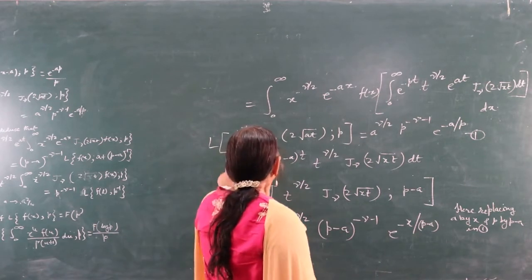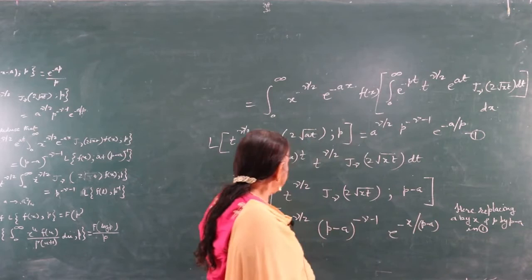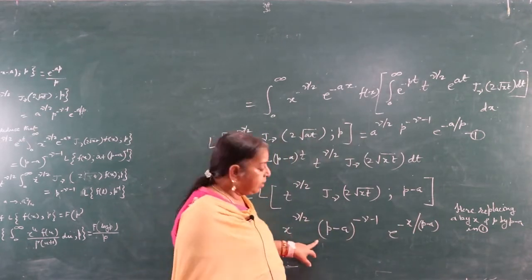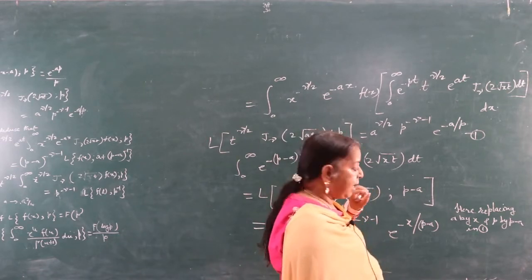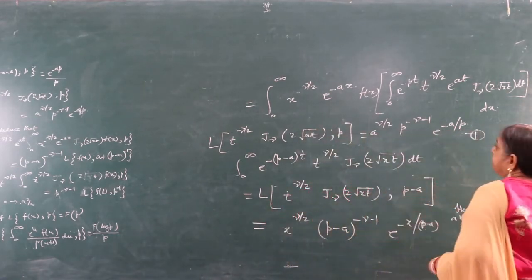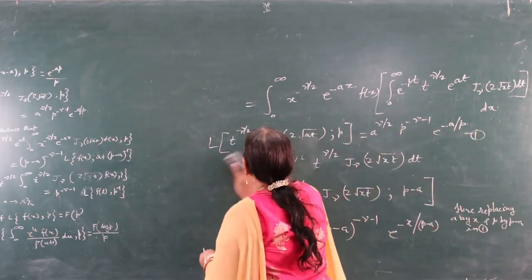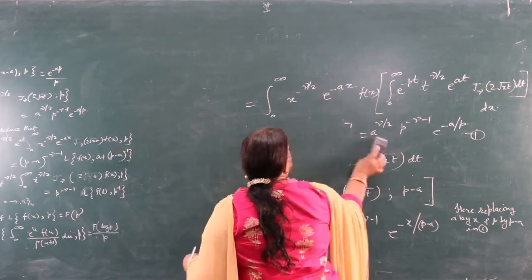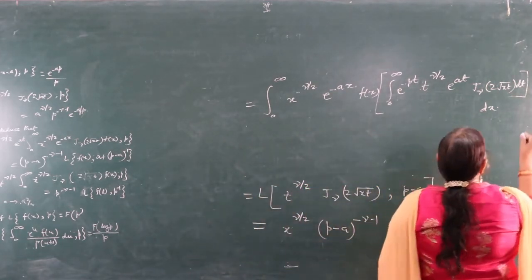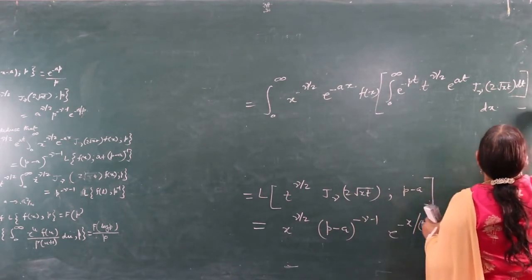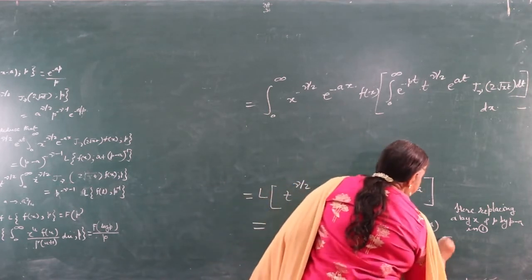So this integral is equal to x raised to power nu by 2, p minus a raised to power minus nu minus 1, e raised to power minus x upon p minus a. We put it here, and this is result 2 say.